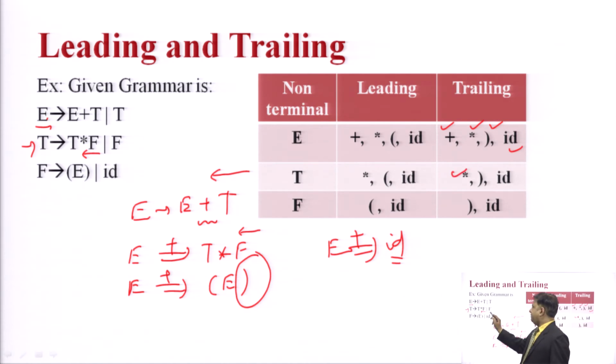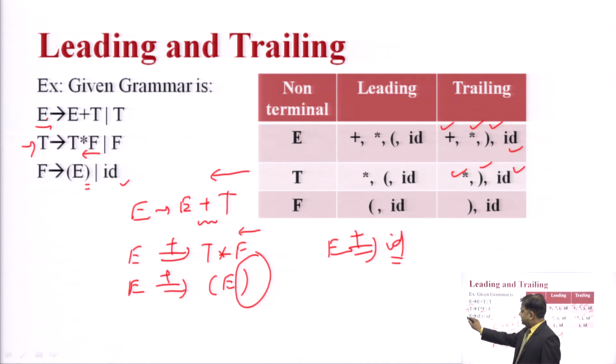Then T drives F, F drives this, that means T drives parenthesis of E. So, this will be the first terminal symbol from the last which can be derived from the T. So, T के trailing में क्या आ जाएगा, closing bracket. Similarly ID. So, this is the first and this is also the last. So, T के trailing में क्या आ जाएगा आपका ID.